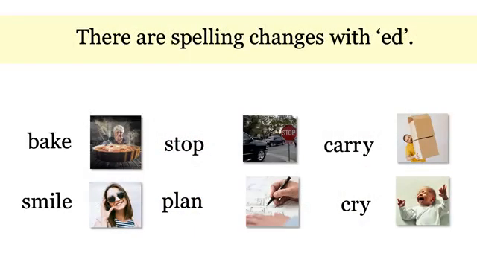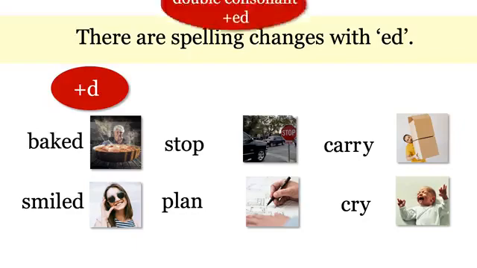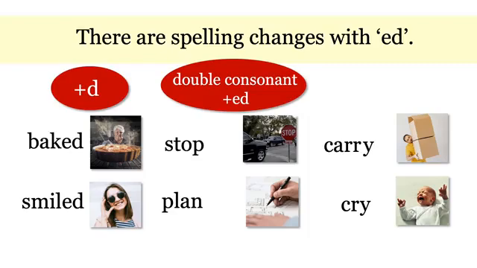There are spelling changes with ed endings. For some verbs, we just add d. Bake becomes baked. Smile, smiled. For other verbs, we double the consonant and add ed. Stop gets an extra p and then the ed.